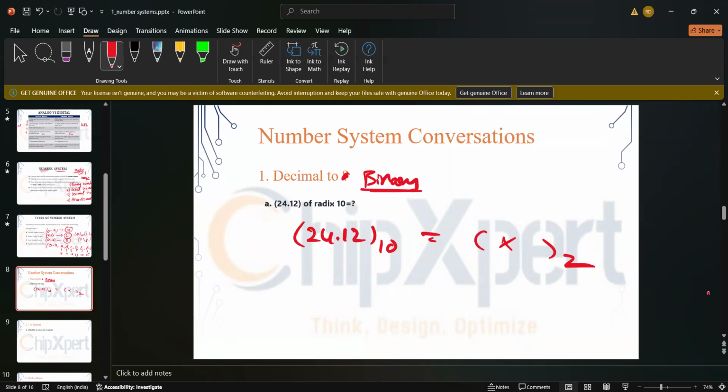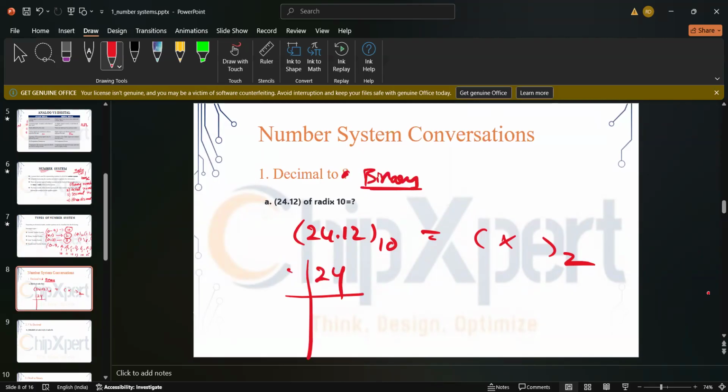For this, I am going to divide my decimal number by 2. How many times can 2 go into 24? 12 times, right? And the remainder is 0. And 2 into 12 goes 6 times, and the remainder is 0.